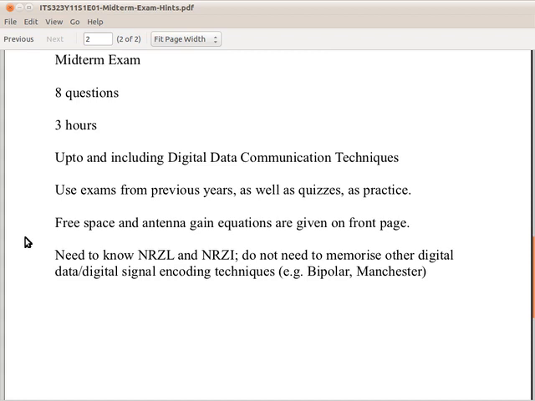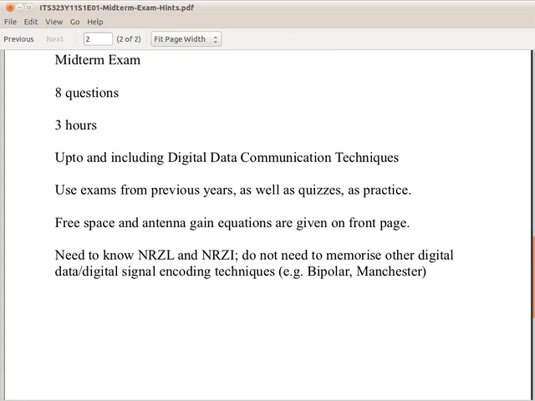Any other questions about the midterm exam? You only have a few days remaining, I think, before the exam, so you've already started studying. No, you still can make it up on the midterm.